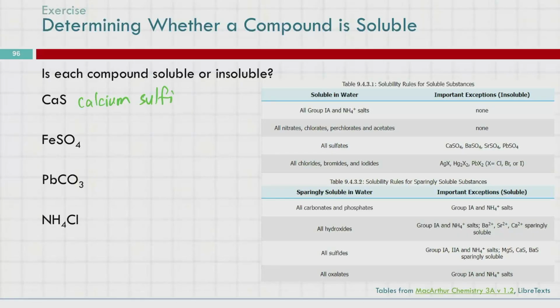We can find sulfides in our sparingly soluble, aka not soluble table. So all sulfides show up down there. Let's check to see if we have some exceptions. Initially it looks like it's not soluble, except group 1A, 2A, and NH4 plus salts, and also MgS, CaS, BaS are sparingly soluble. So we would say that this is sparingly soluble or not soluble.